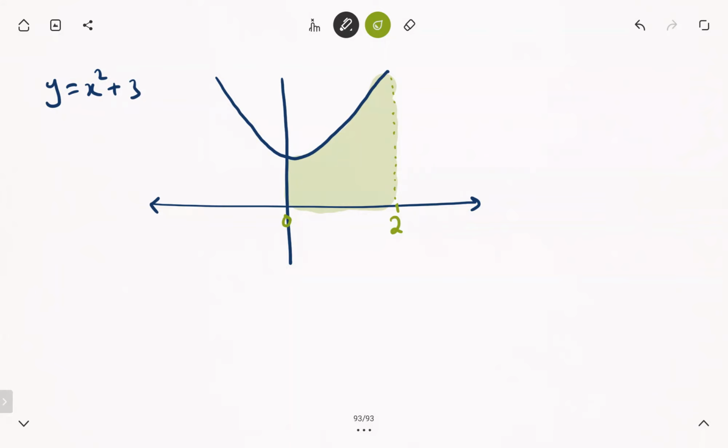This shaded region, or simply you can say the area under the curve from 0 to 2, when it is rotated about the x-axis, find the volume generated. So it is about the x-axis, you need to apply that formula. The limits are given, 0 to 2. So simply apply the formula and get the answer.